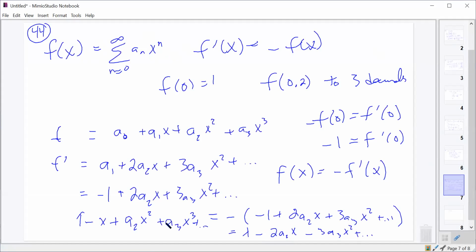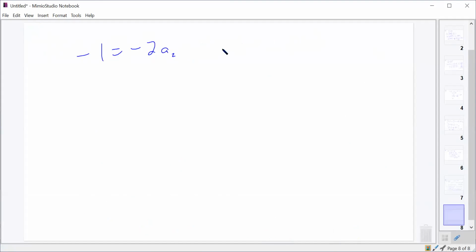And same thing here. We have a sub 2x squareds, and over here we have 3a sub 3x squareds. So this should first off tell us that a sub 2 equals 1/2.